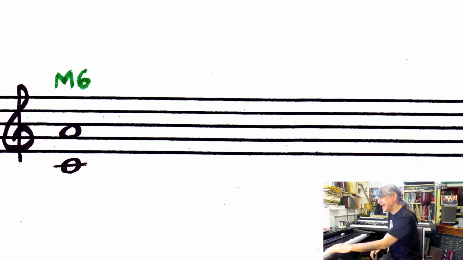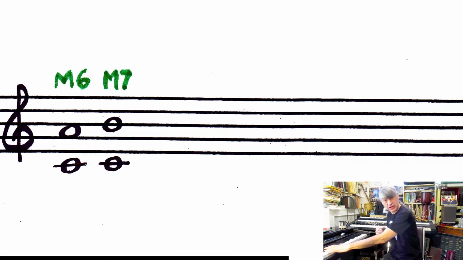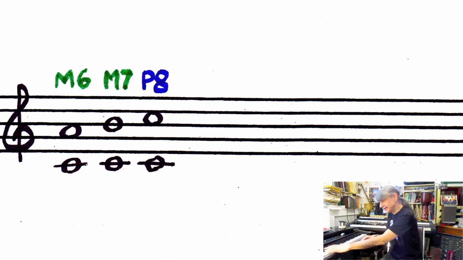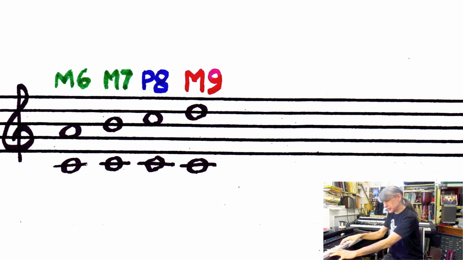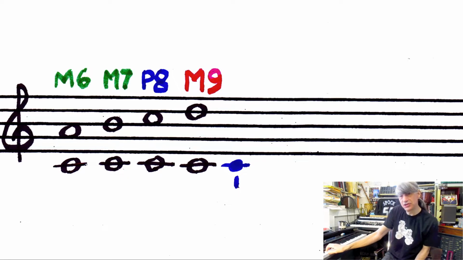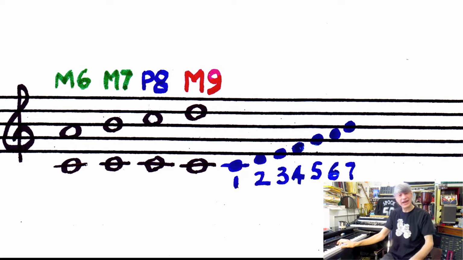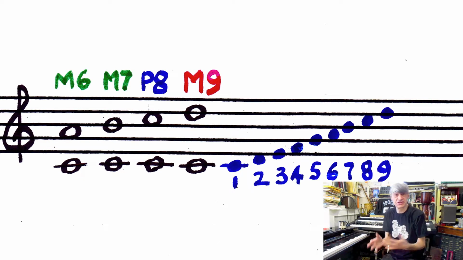Middle C to A is a major sixth, and then one above is a major seventh. Then we get to the perfect octave, and the octave is 8, so the note above that would be a 9. From middle C to the D above it, we would count, if we started on the C, 1, 2, 3, 4, 5, 6, 7, 8, 9. So it's the same concept.